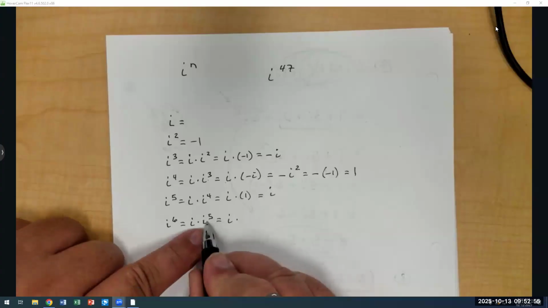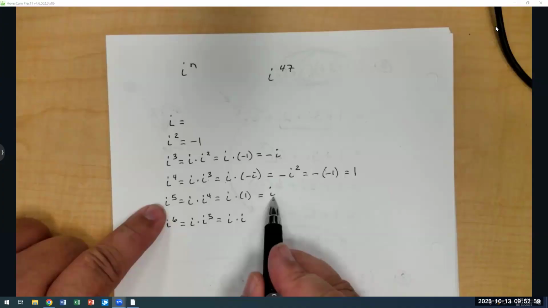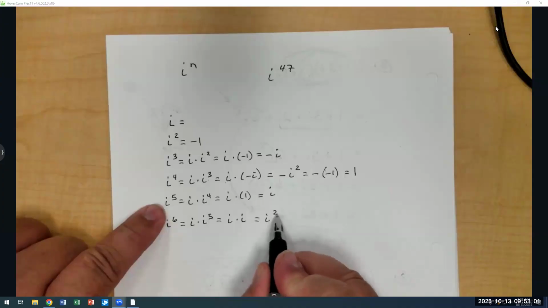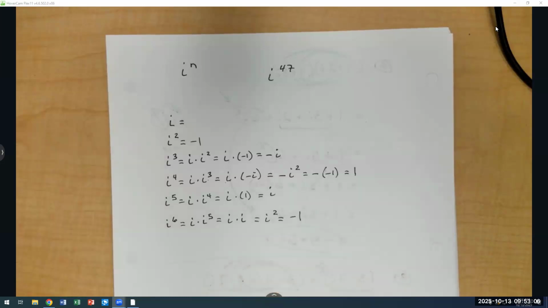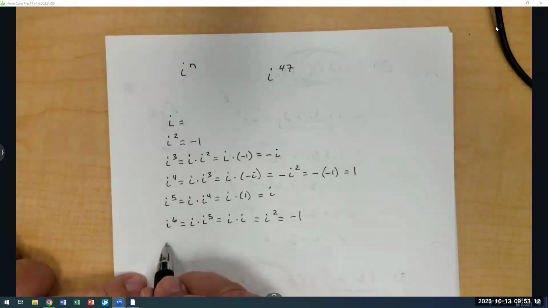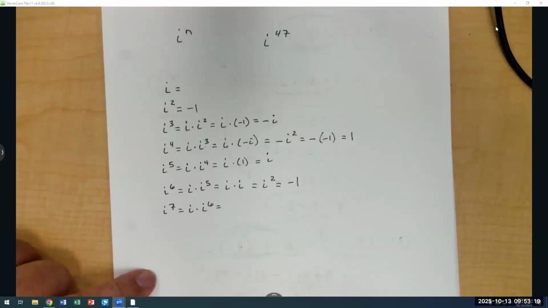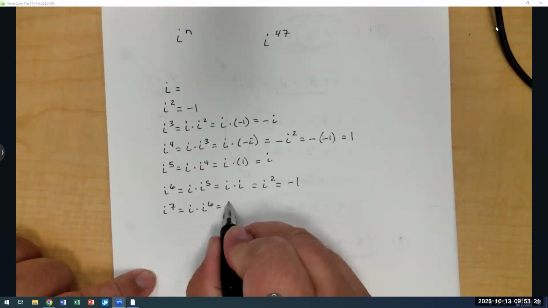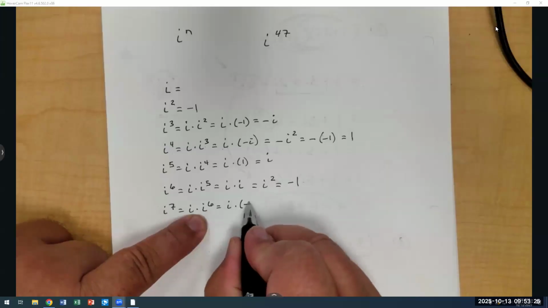What is i to the 5th? i to the 5th is the same thing as i. That's what we just proved there. So i times i is i squared. Well, we know i squared is the same thing as -1. i to the 7th is i times i to the 6th. So i to the 6th is -1.